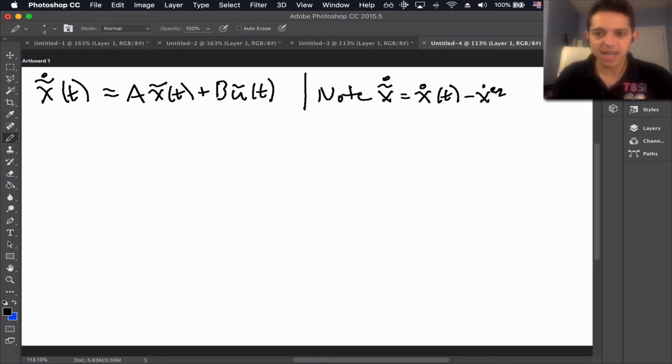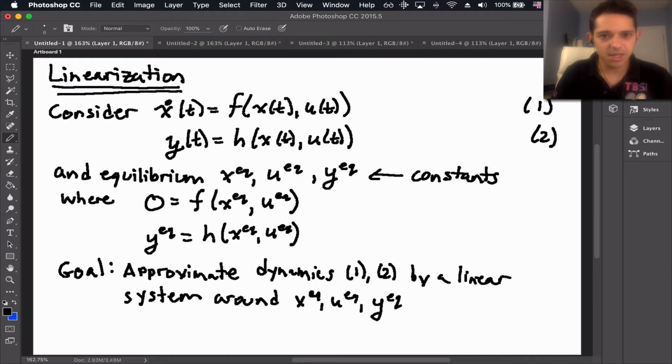Now, because x stops changing at the equilibrium value, stops changing quite literally means that the time derivative is 0. So x tilde dot and x dot are one and the same. So now we arrive at this linearized system, x tilde dot equals A x tilde plus B u tilde, which is our approximation of the original nonlinear system, equation 1 here, around the equilibrium points.